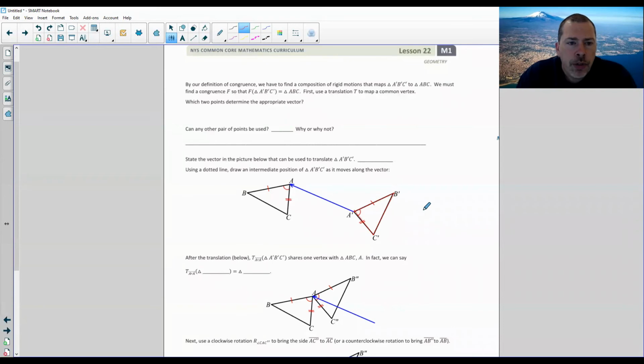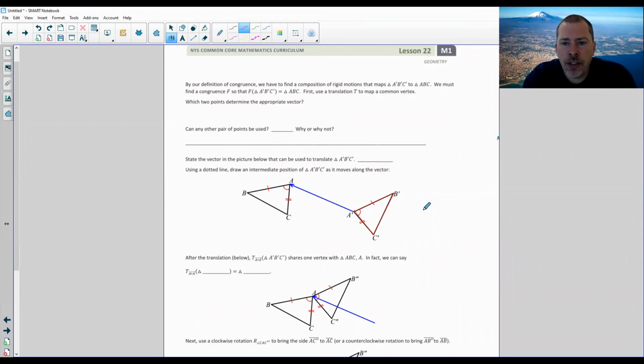Okay, here's page 2, and it says, by our definition of congruence, we have to find a composition of rigid motions that map triangle A prime, B prime, C prime to triangle ABC. We must find a congruence F, so that F of triangle A prime, B prime, C prime equals triangle ABC.